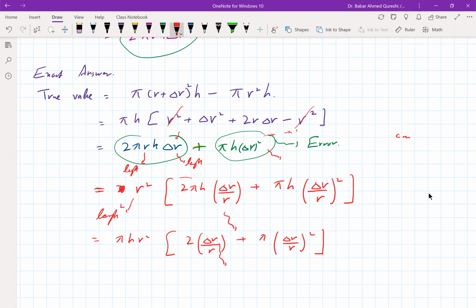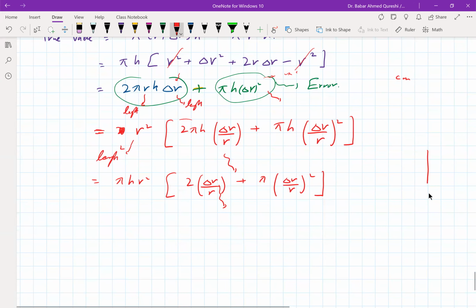So if delta r over r, this ratio of thickness to the radius, is a number much less than 1, then delta r over r square will be even less than 1, and it will be less than delta r over r, because this is the property of numbers less than 1: if you square them, you get an even smaller number.